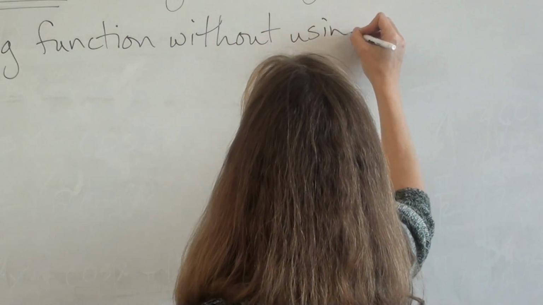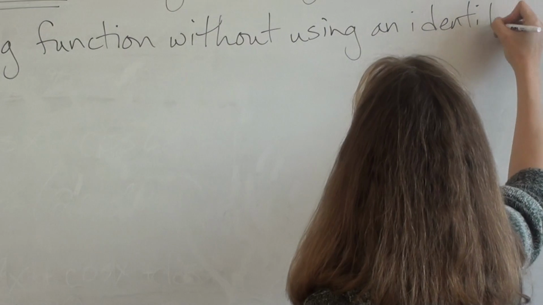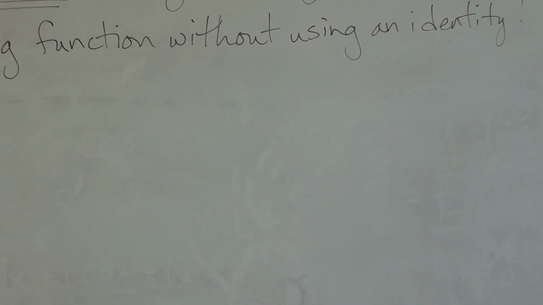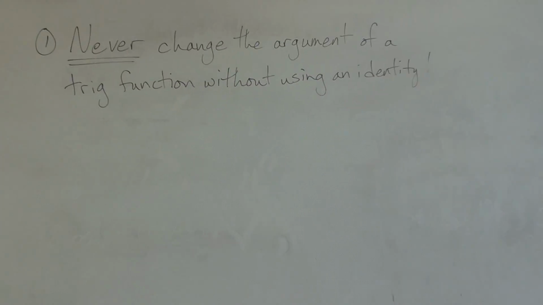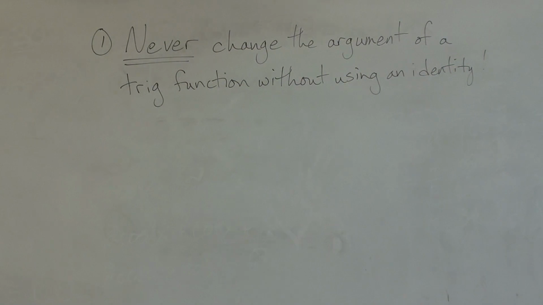without using an identity. This is so important that if you ever do it, I'm going to take full credit off. We're not exchanging it for a variable. If you redefine, that's different.